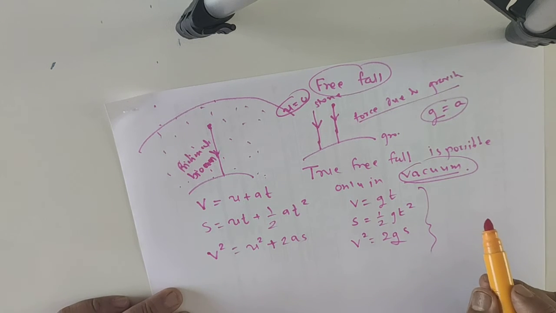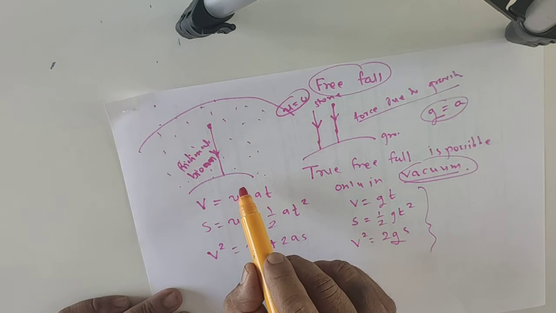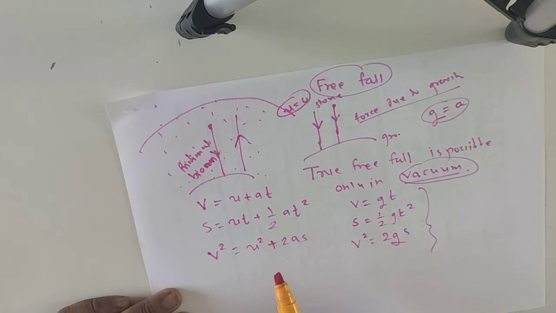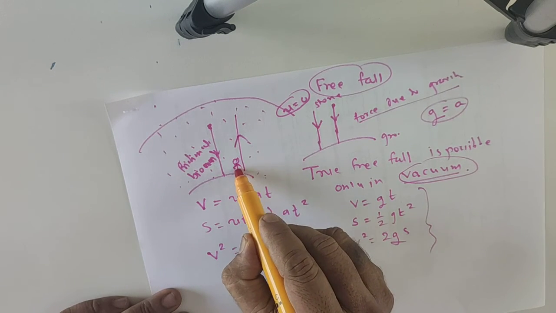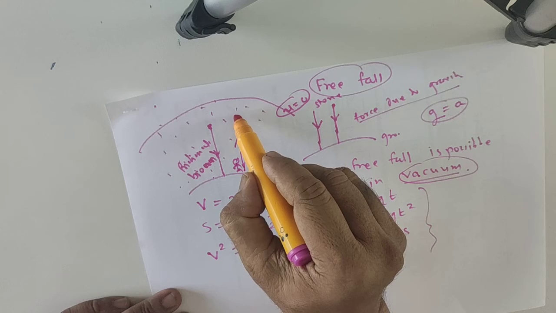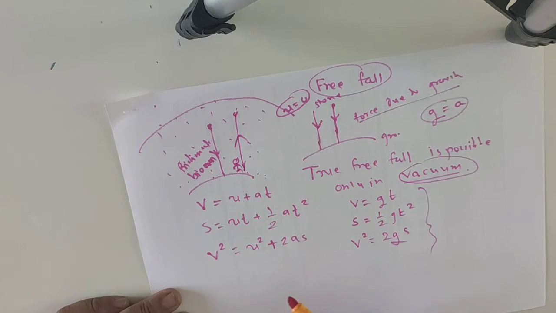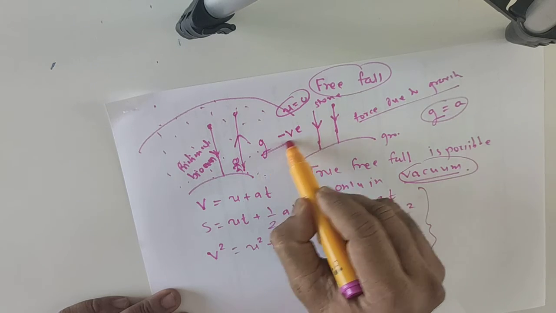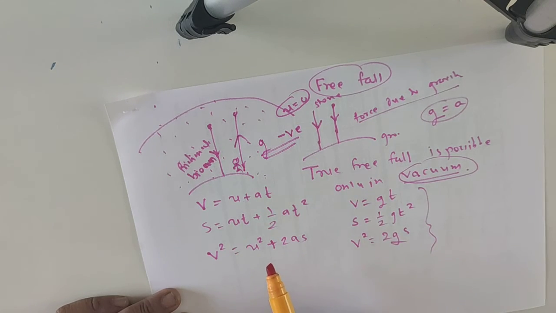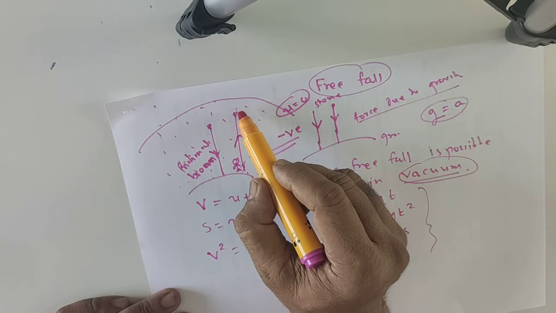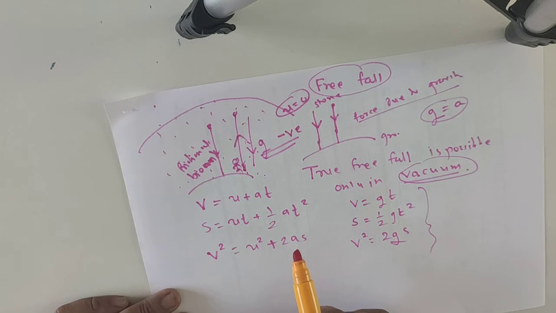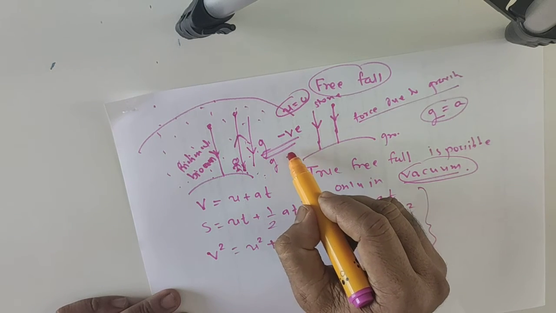The sign convention of g is like this. When an object is thrown upwards, the acceleration is negative. That is, g is negative. And when it comes down towards the surface of Earth, g is positive.